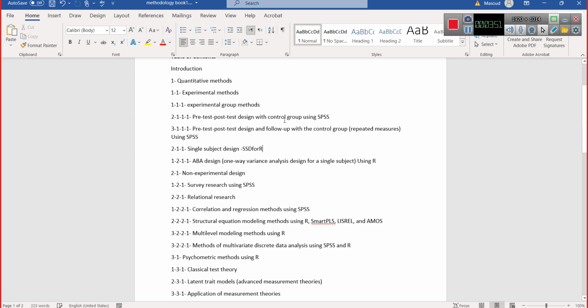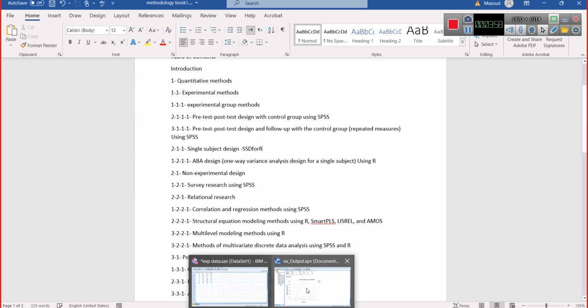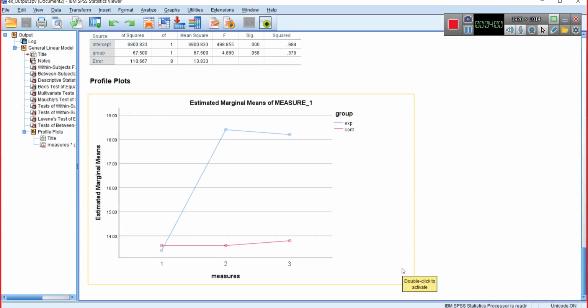So in experimental design, I would introduce you to software like SPSS that can do the analysis for you very easily.